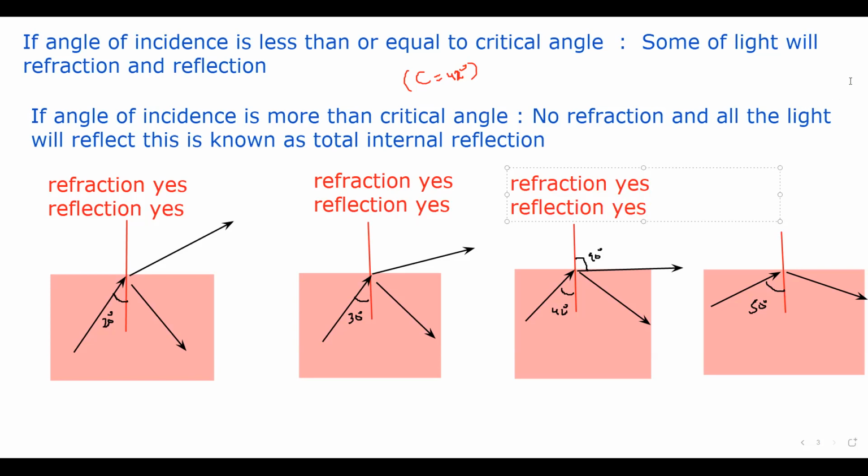But the last one, there is no refraction, but about the reflection, yes, there is a reflection. So there is no refraction, only reflection occurred. That's why we call that total internal reflection. Is the concept of total internal reflection clear?